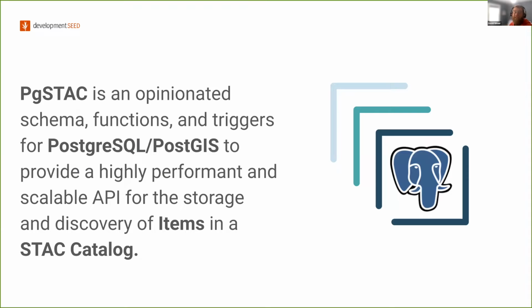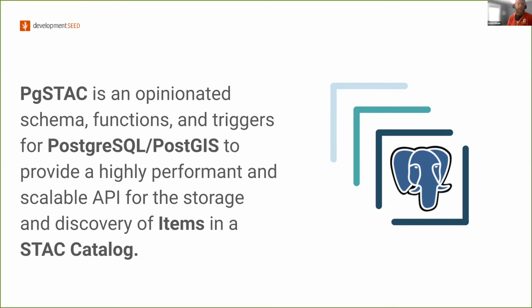So what is PgSTAC and how does that relate to the STAC specification? There's the STAC specification, which really describes how you document this metadata. And there's also a STAC API specification, which describes how you can interact with STAC data and how you can search for STAC records within a STAC system.